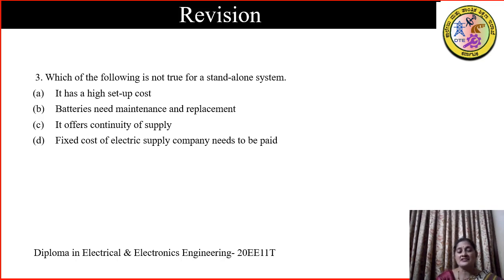Fourth one, fixed cost of electric supply companies need to be paid. A stand-alone system is an independent system. There's absolutely no grid and it has got nothing to do with the electric supply system. It is independent. So the fixed cost of electric supply system need not be paid for a stand-alone system.